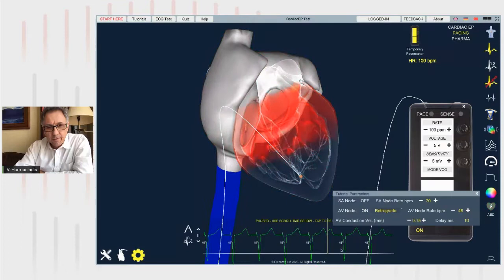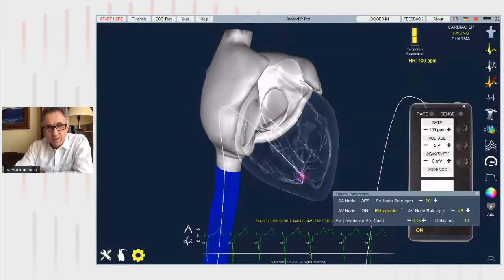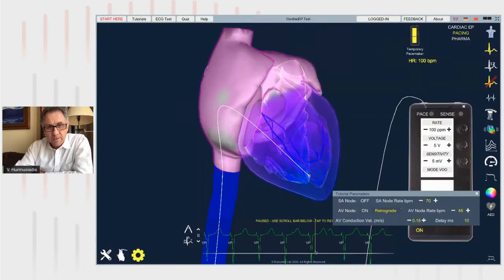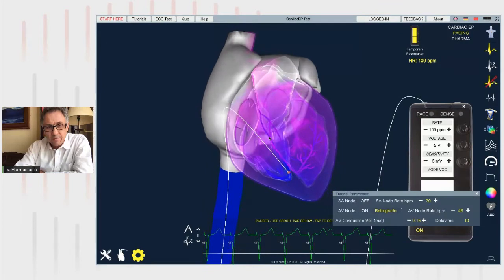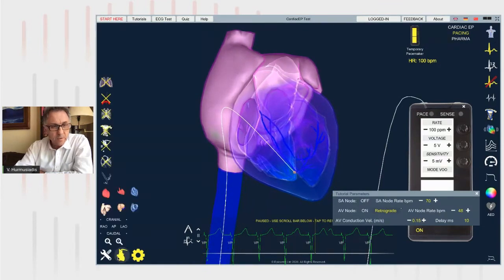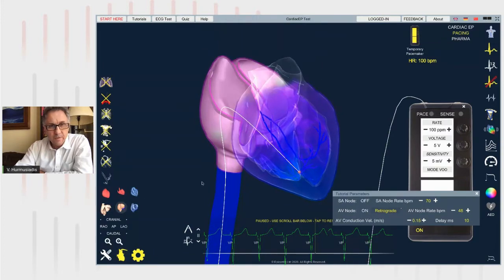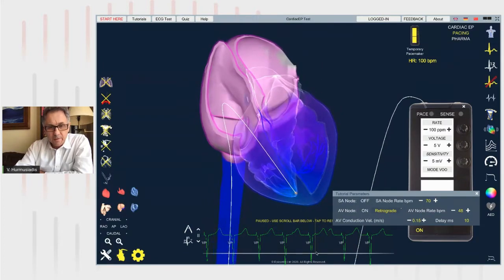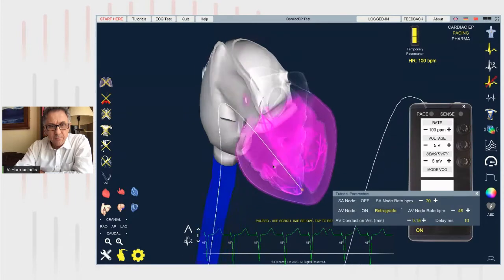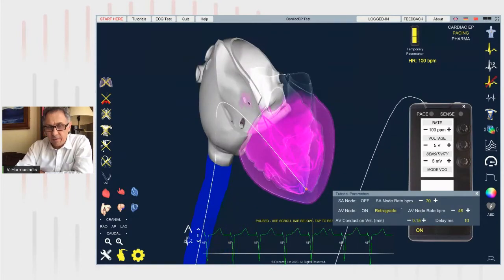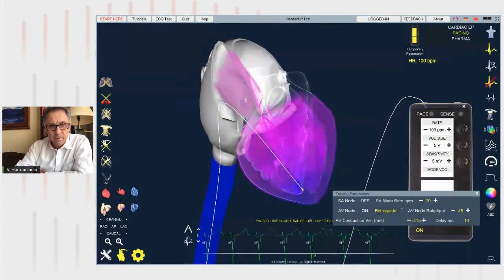Now we see here that the signal we get from the apex advances into the AV node and then spreads into the atria. You can see this in cross-section again, very clearly here. You see it reaches the top of the bundle of His, the AV node, and it goes straight into the atria.